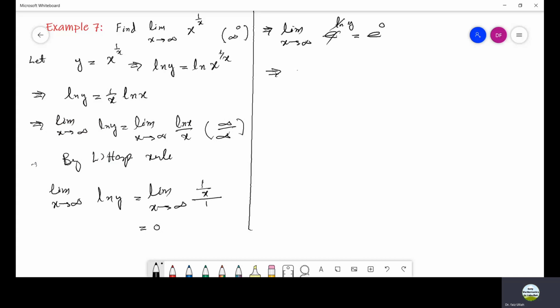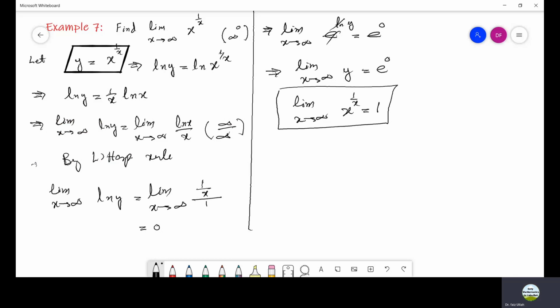So we can get limit x approaches to infinity, y is equal to e power 0. Now look at the value of y. So just put the value of y, we can write x power 1 over x and e power 0 is 1. So that is the required solution.